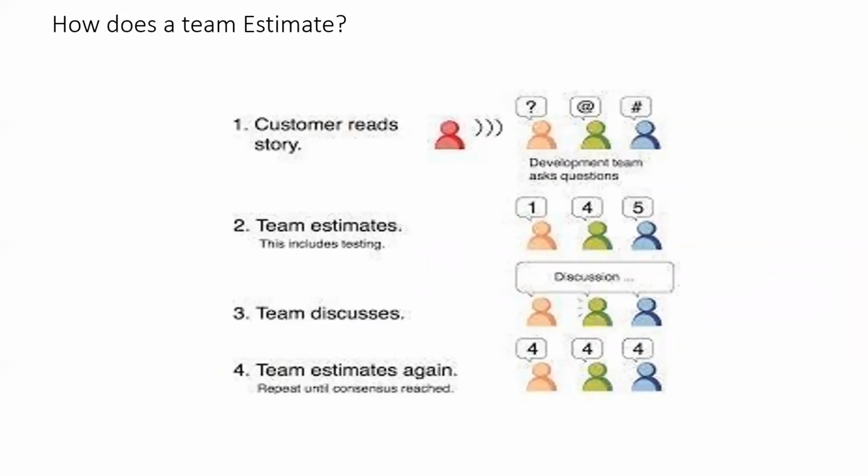How does the team estimate? The customer reads the story, the team discusses and asks questions and comes up with their estimates. If the estimates are not the same for different team members, the members discuss their estimates and repeat this process until the team estimates come to a consensus point.